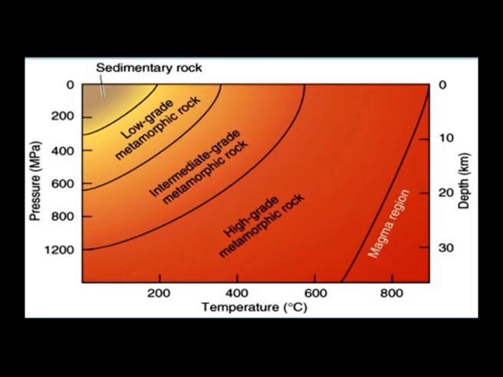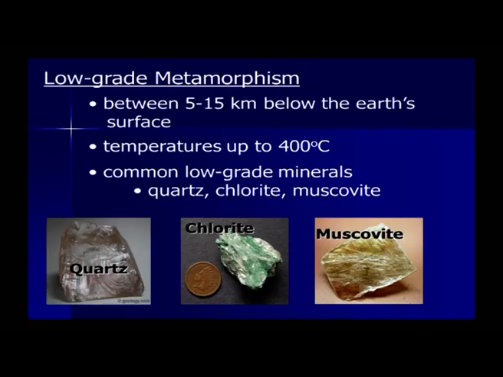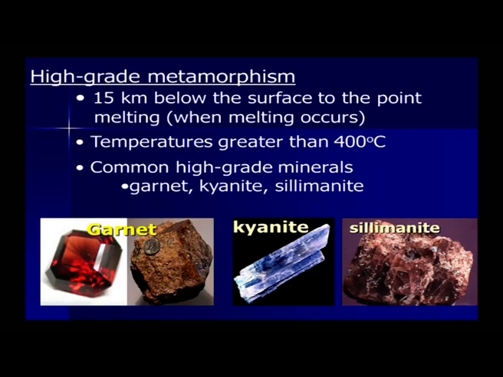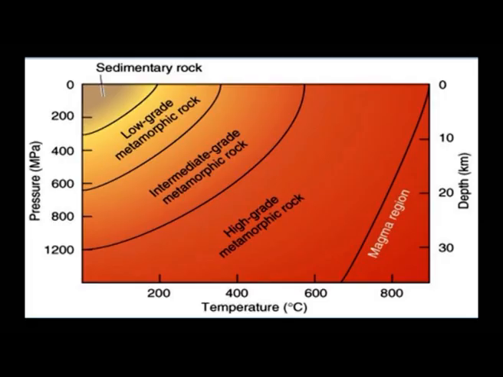Low grade metamorphism takes place at low temperature and relatively low pressure. Low grade metamorphic rocks are characterized by an abundance of hydrous minerals. Examples of hydrous minerals that occur in low grade metamorphic rocks are clay minerals, serpentine, muscovite and chlorite, etc. High grade metamorphism takes place at higher temperatures, greater than 400 degrees centigrade, and relatively high pressure.